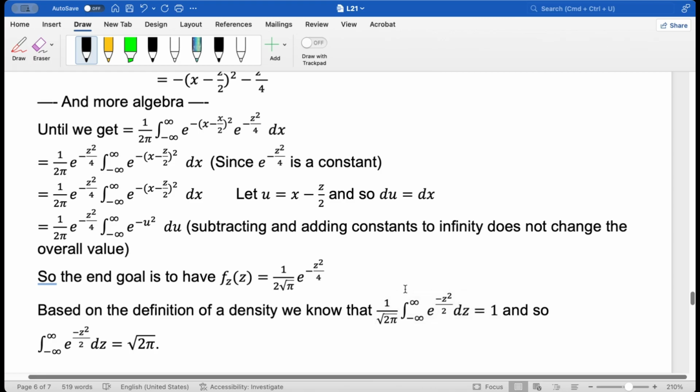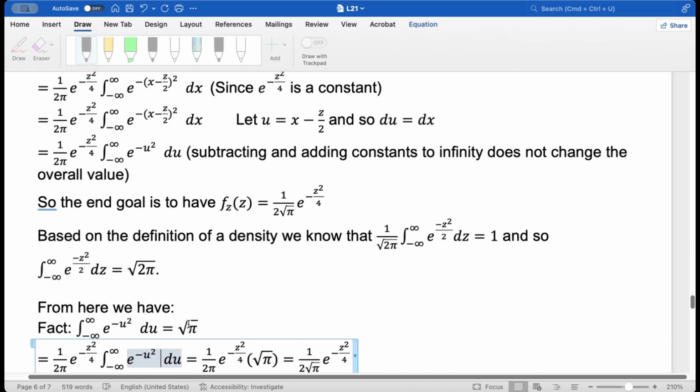So multiplying through by root 2 pi, we see that the integral from minus infinity to infinity of e to the negative z squared over 2 dz is equal to root 2 pi. With a little bit of substitution, we can get an expression for this integral where the exponent on e is just negative u squared without the 2 on the bottom. And when we do that, we get radical pi instead of radical 2 pi.